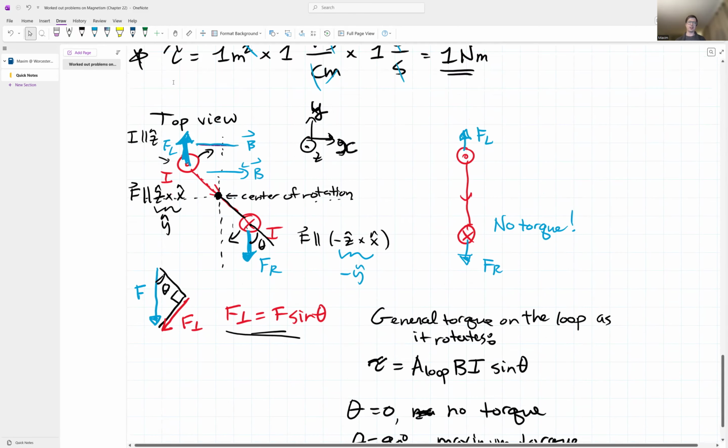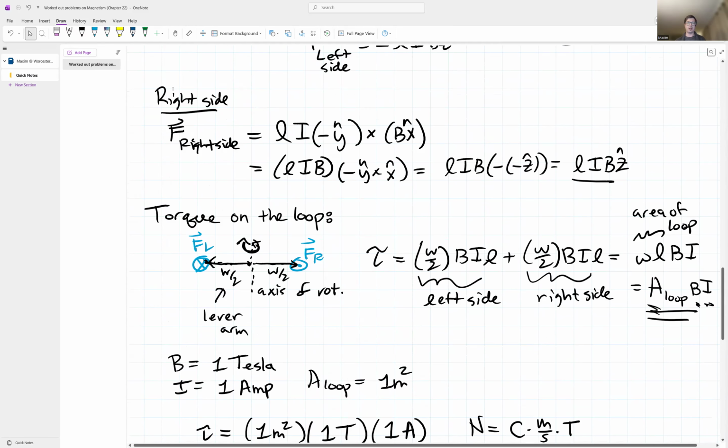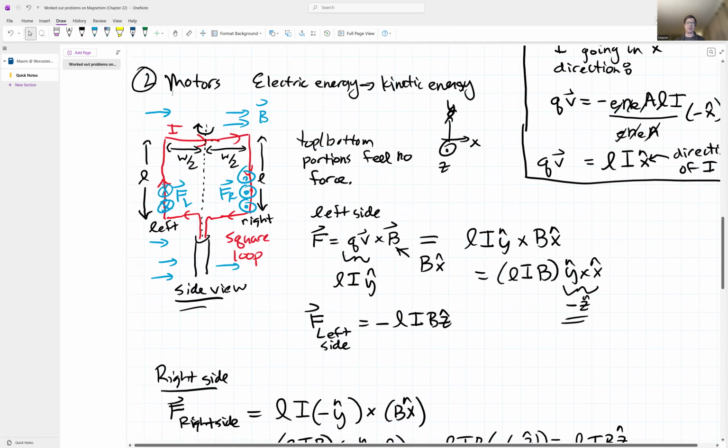And that occurs in this situation, in this side view. That's because theta here is 90 degrees for the side view, and it's because the force is perpendicular to the lever arm.